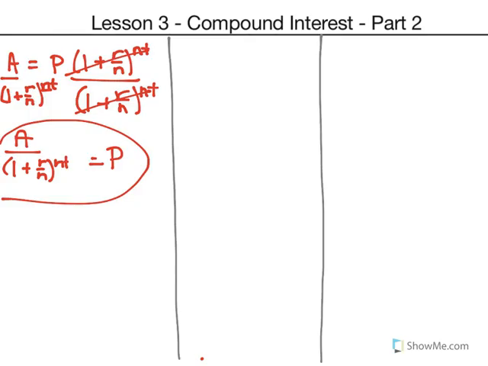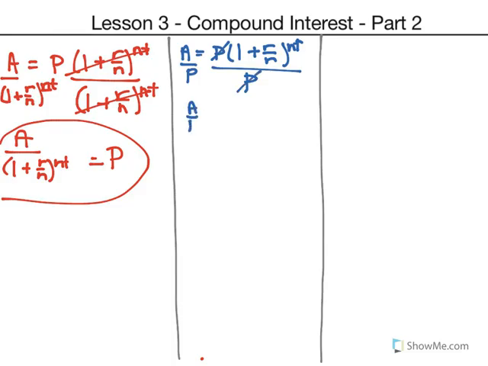The rate isn't that bad, so we start with A is equal to P(1 + r/n)^nt. Because the rate is inside the brackets, we are going to have to use roots. So we're going to divide both sides by P first, so that this is cancelled.